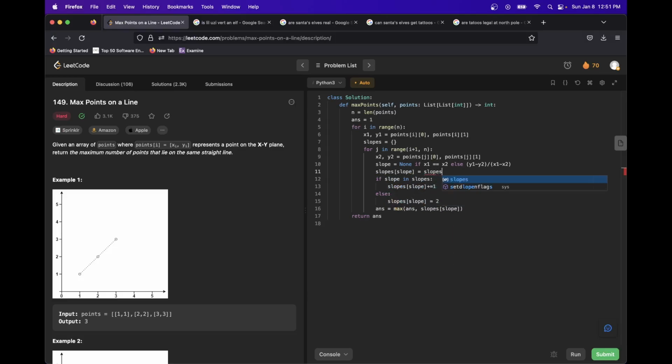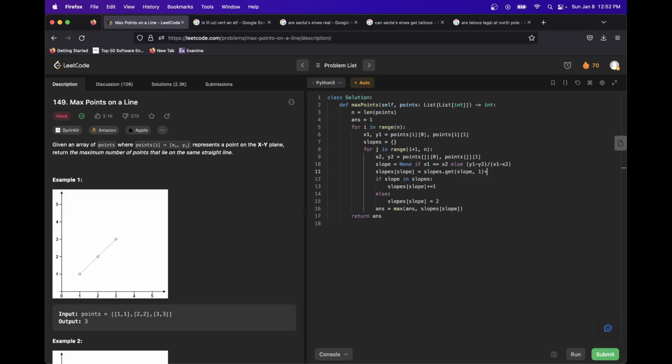equals slopes dot get, which is the same thing as this. When you say slopes dot get x, it's basically the same as this, but you can also specify a default. So if slope isn't in slopes, then don't try slopes at slope, because that'll return an error. In that case, just give us 0 instead.